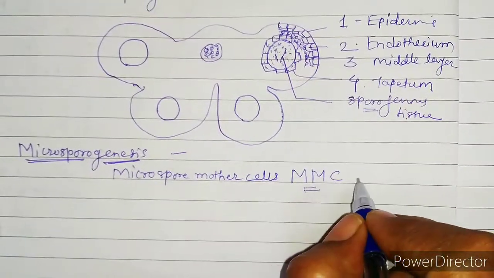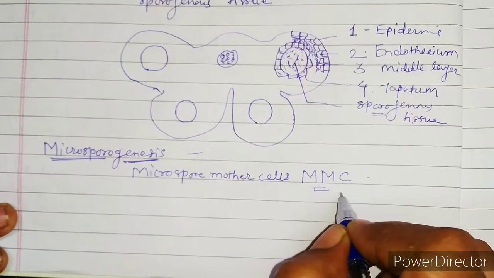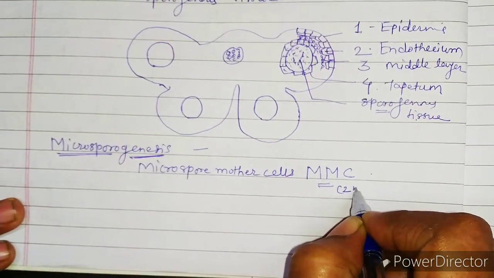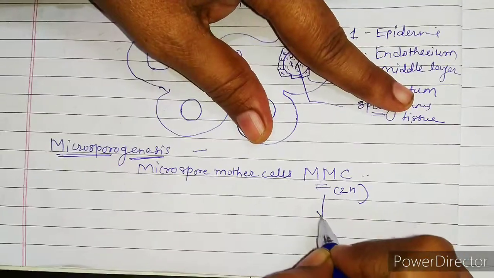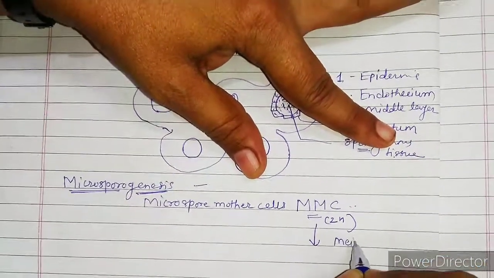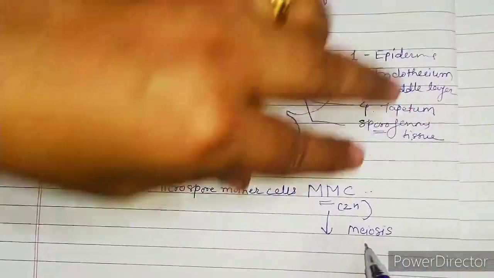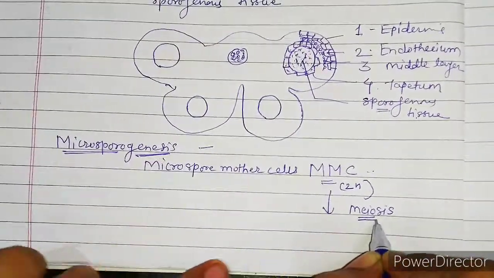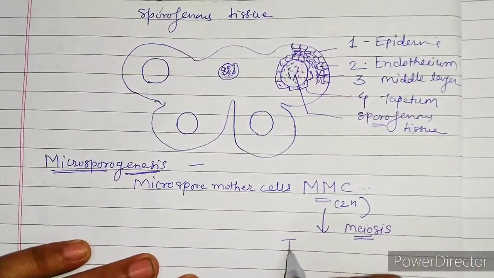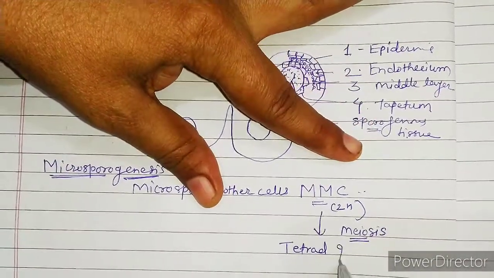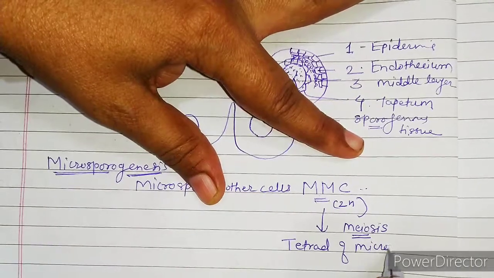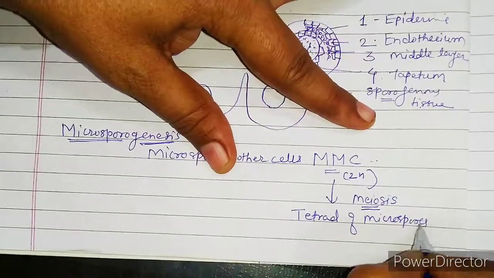So microspore mother cells, they are no doubt diploid in nature. They undergo meiosis type of cell division. Meiosis, you know that it is a reduction division, and it produces the tetrad of microspores which are haploid.